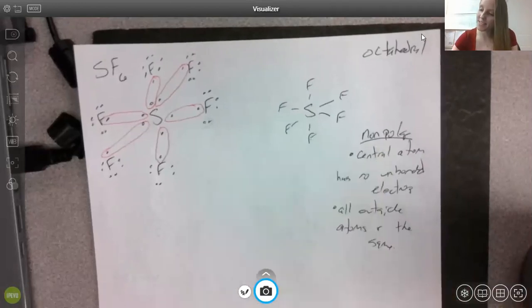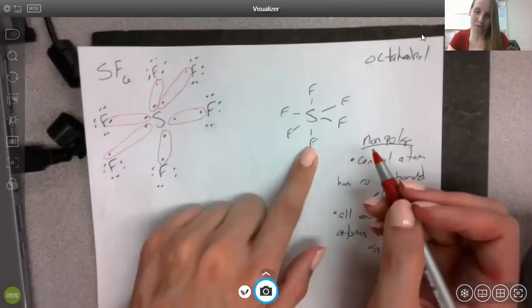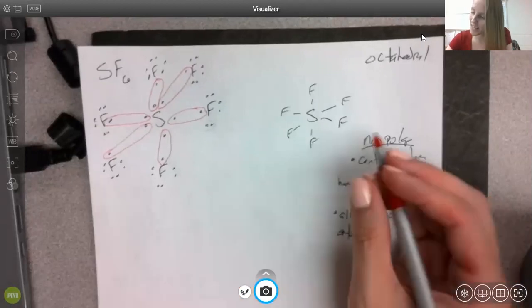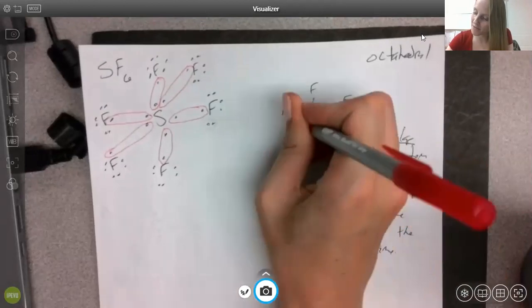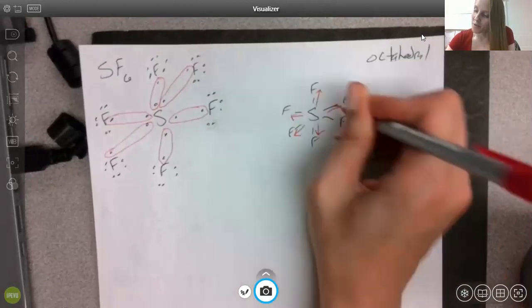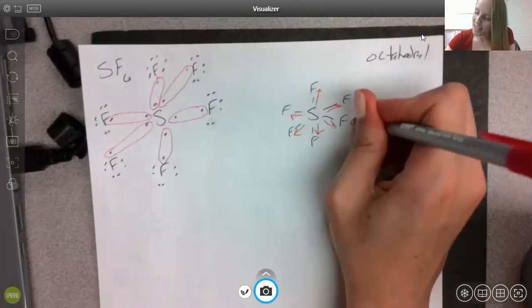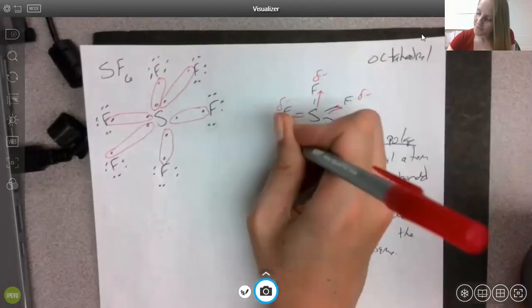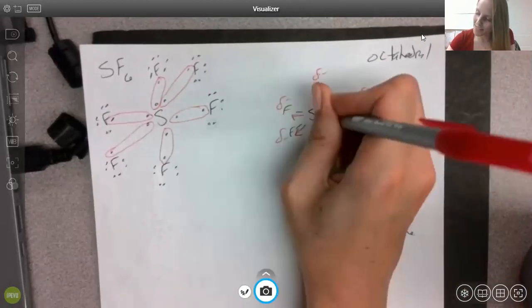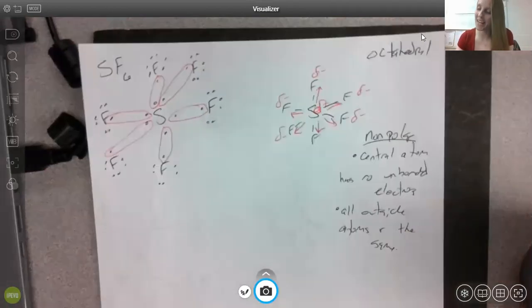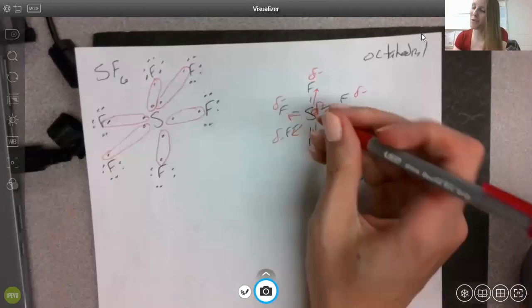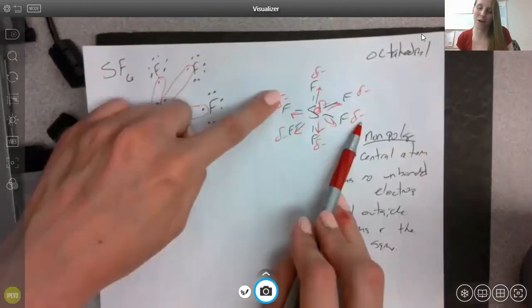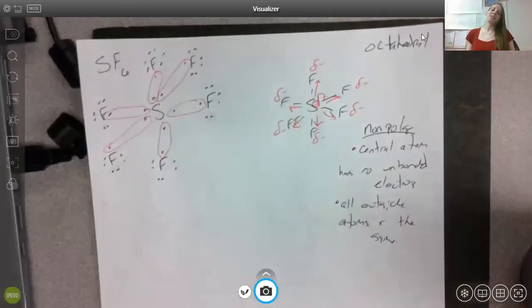If I were to draw this, fluorine is obviously closer to fluorine than sulfur is, so it would be pulling the electrons away from the sulfur, which means that every fluorine is slightly negative, and my sulfur is slightly positive. But again, the poles are always the same. Oh, I forgot to write that one in. The poles are always the same. They're always negative on opposite sides, which means it's nonpolar.